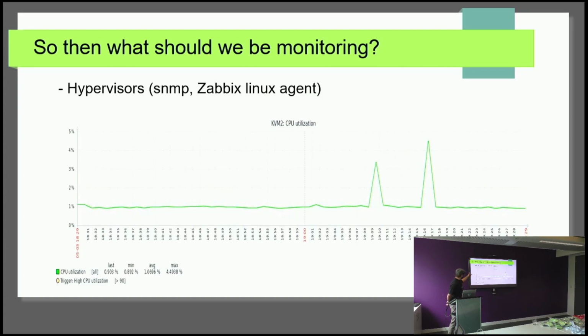So in this graph, it's showing CPU utilization, and I'm not sure if it's visible from the back. There's a trigger here. If the CPU utilization goes over 90, it will trigger an alert that you're going to get via whatever you've configured there, email or Slack or whatnot. So there are all sorts of ways of monitoring this.